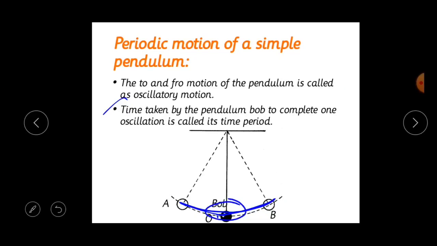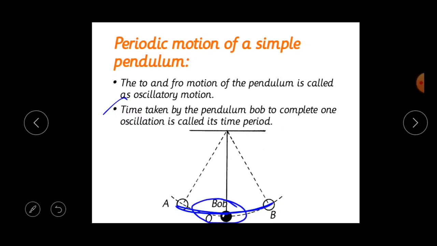So the time taken by the pendulum to complete one oscillation is called its time period. Understood, children? So what is oscillation? When the bob moves from one extreme position A to B, then again comes back to its mean position O, that is called one complete oscillation.